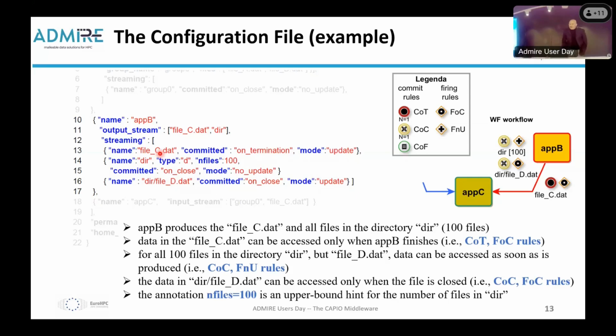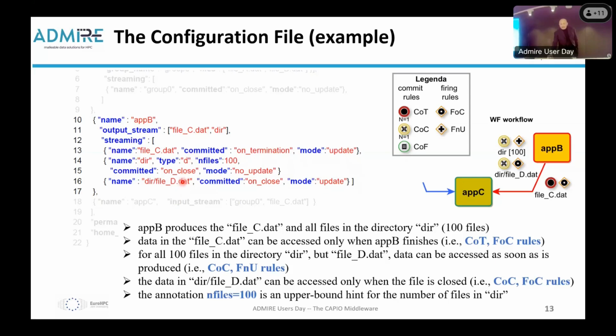It means that this file C can be read only if the application B terminates. So here the synchronization is very strict. On the other hand, for all the files contained in the directory dir, the upper bound of the number of files contained in the directory dir is 100. If it is known, you can provide this hint. Otherwise, if you don't know how many files will be produced, you don't give this hint to the runtime.